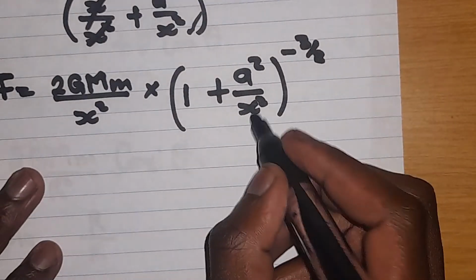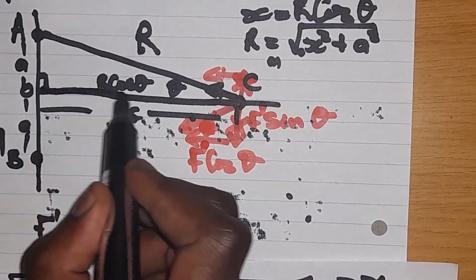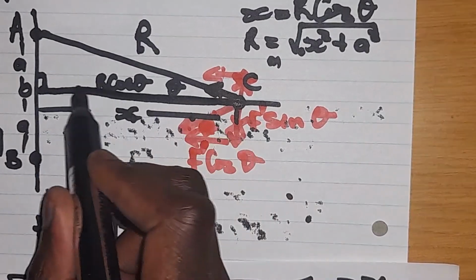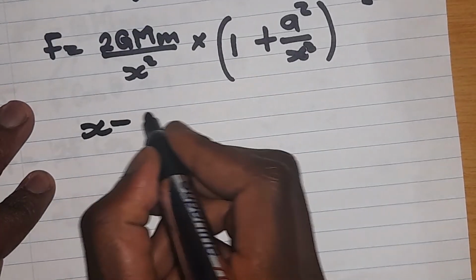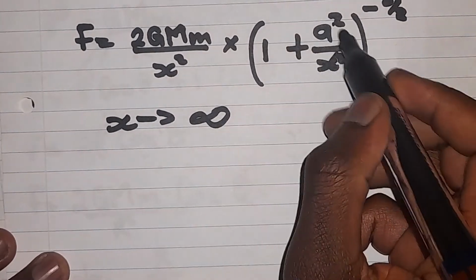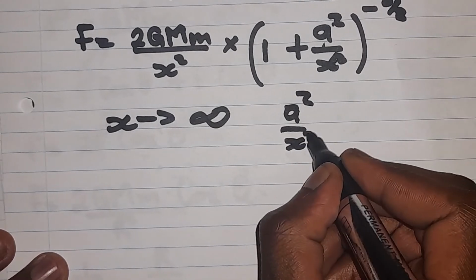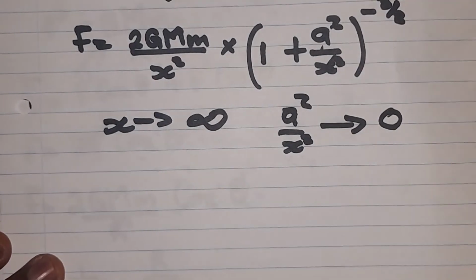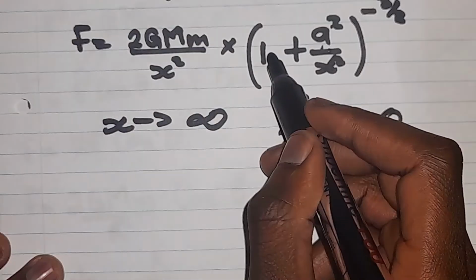Notice one thing. If x becomes large, where x is the distance of C from the axis that has A and B, if we make x approach infinity, this quantity here, a squared all over x squared, will approach 0. Meaning we'll be left with 1 plus 0 to the power of anything, which will be 1.